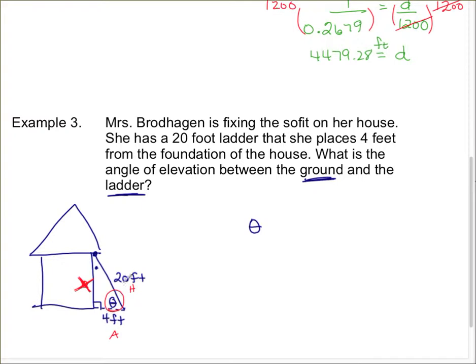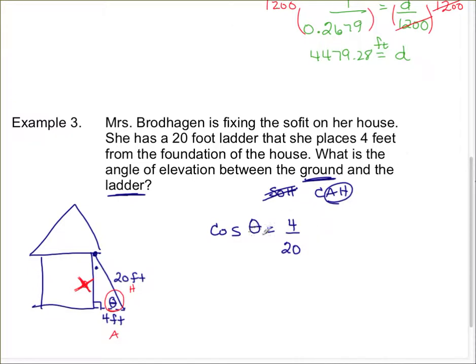We're finding an angle this time, so the two sides that I have numbers for are A and H. So which is that? Oh, there's my A and H. So I want to use cos, and that's A over H, so 4 over 20.